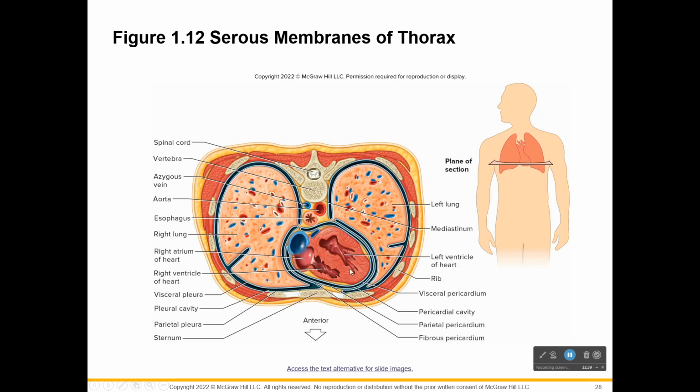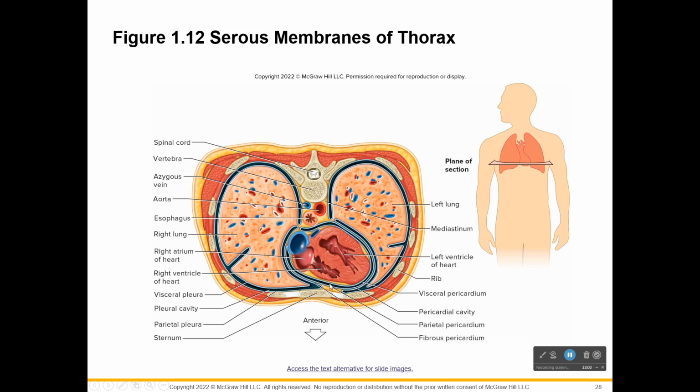Okay, here's the heart. And do you see this light blue? That is the serous membrane. So think about you folding your paper and then wrapping it around the heart. And so if we look where my arrow's pointing, I hope you can see that. That is right on the heart. And so that's the visceral, and we're around the heart, pericardium. Okay.